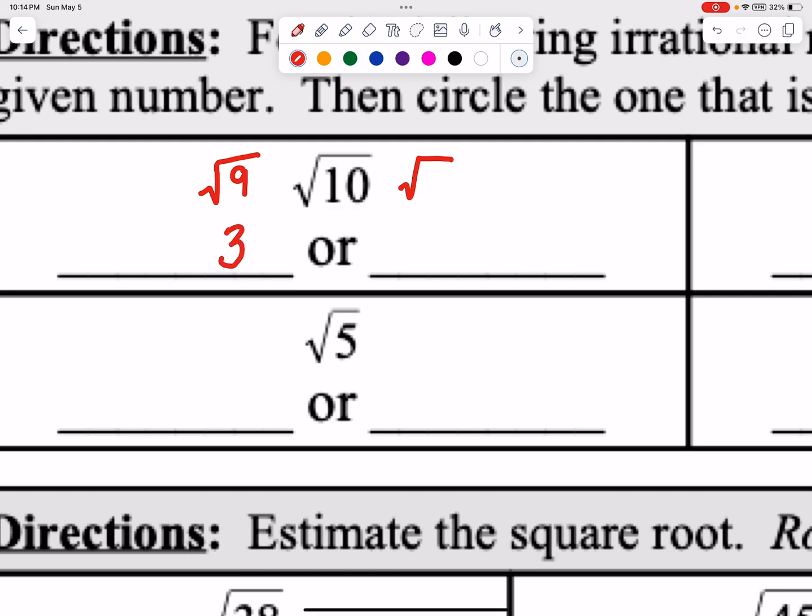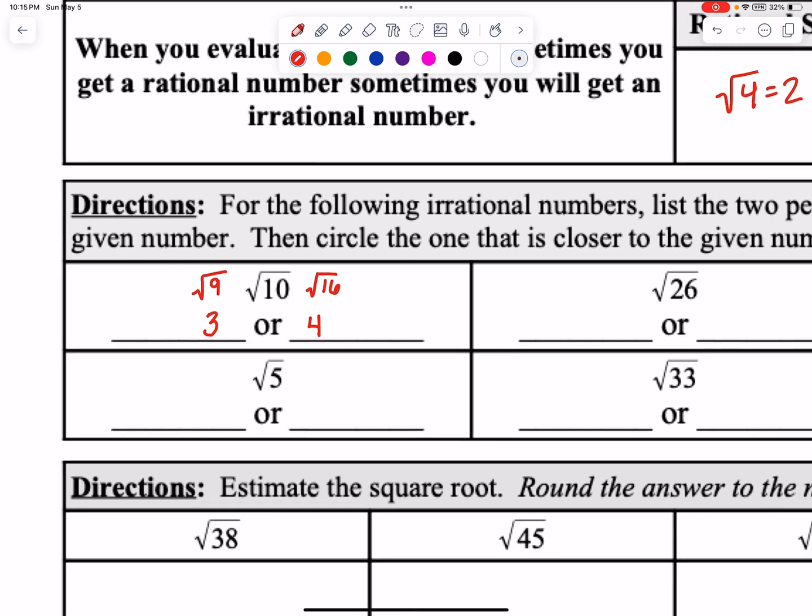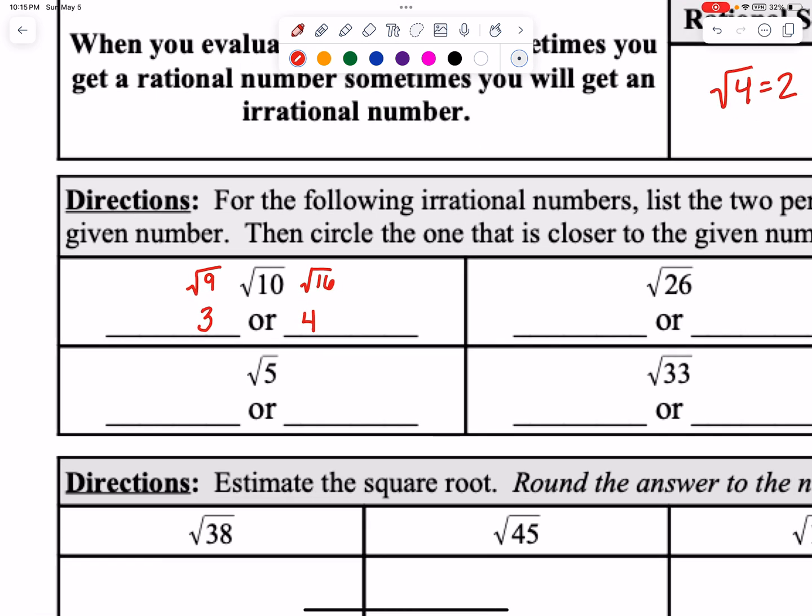And then 4 times 4 is 16, so all you have to do is think of the next one up, and that's 4. So I know that the square root of 10 is somewhere between 3 and 4.